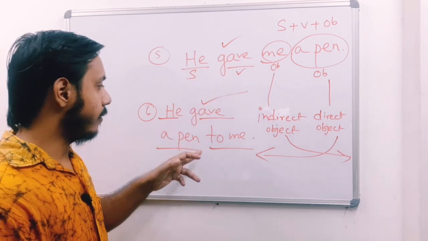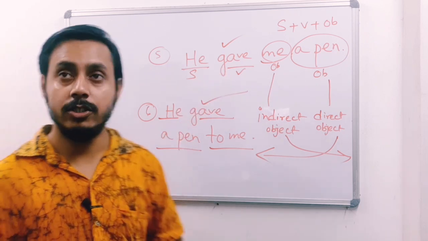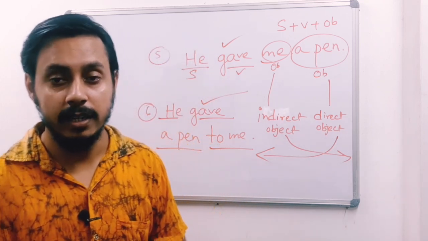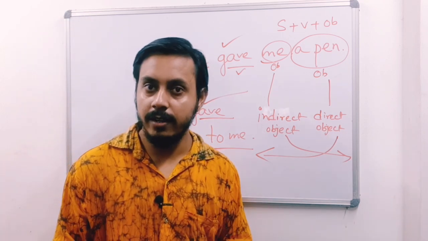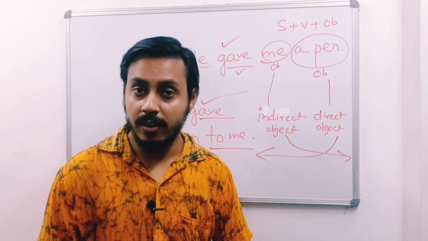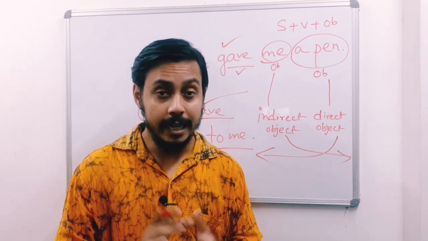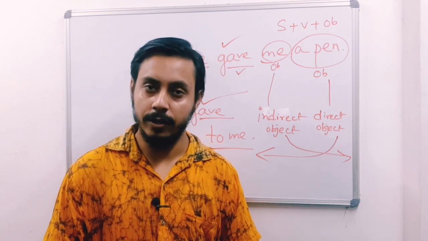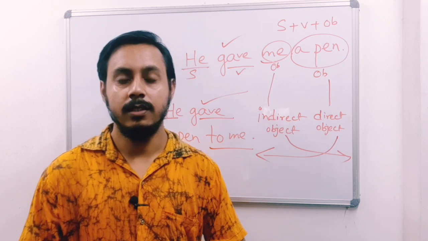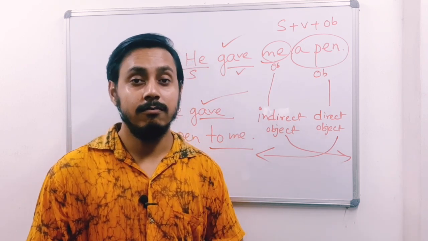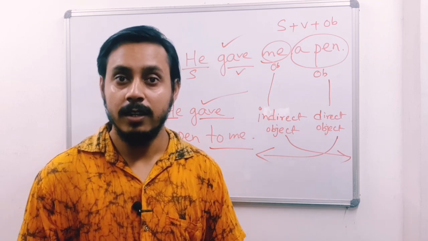And in the example which I have given previously, he walks in the evening, that verb doesn't have any object, that means that verb is an intransitive verb. I hope I've been able to give you at least one notch or one drop of understanding.